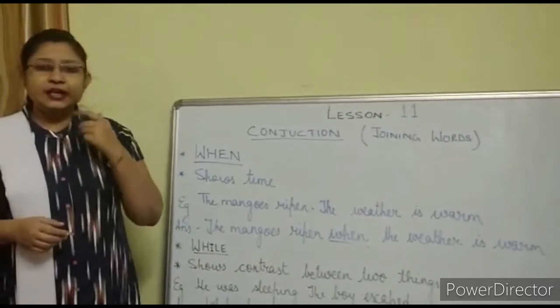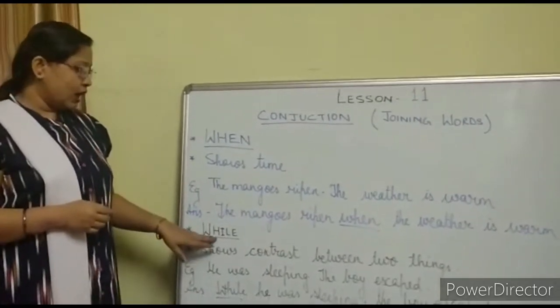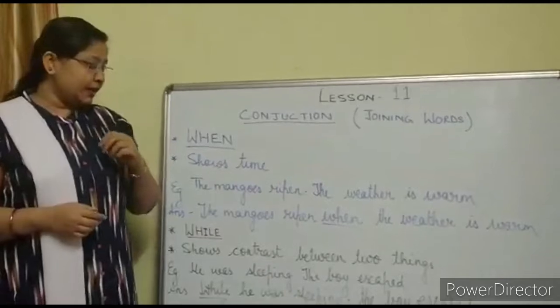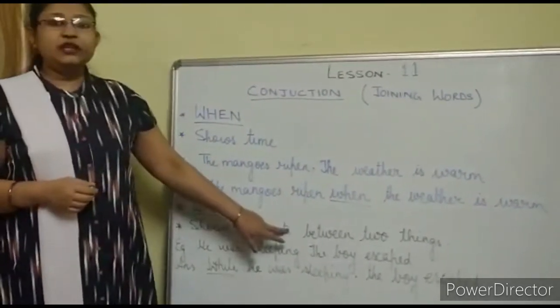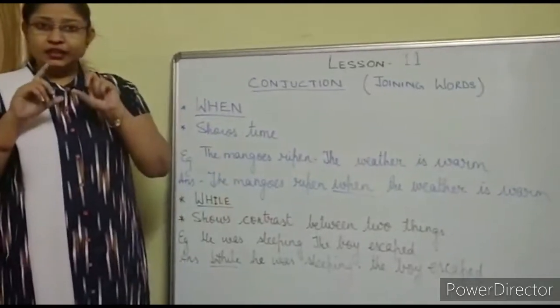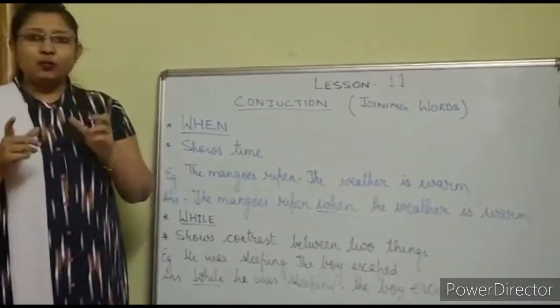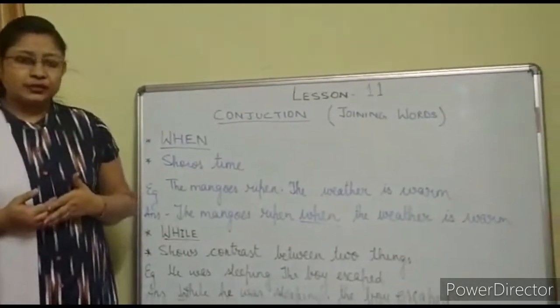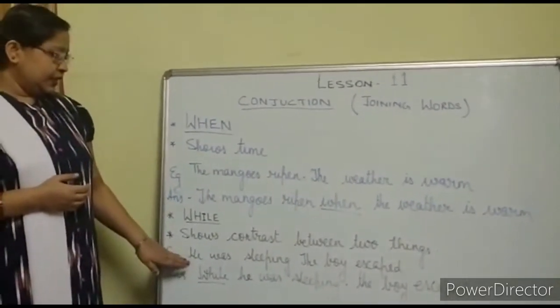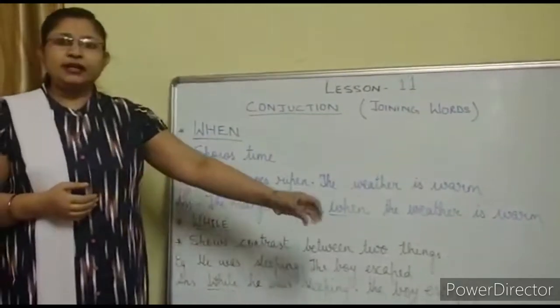Now, the second conjunction for today is while. Where do we use while? We use while to show contrast between two things. Contrast means opposite. To some extent it is similar to but. The example is he was sleeping, the boy escaped.